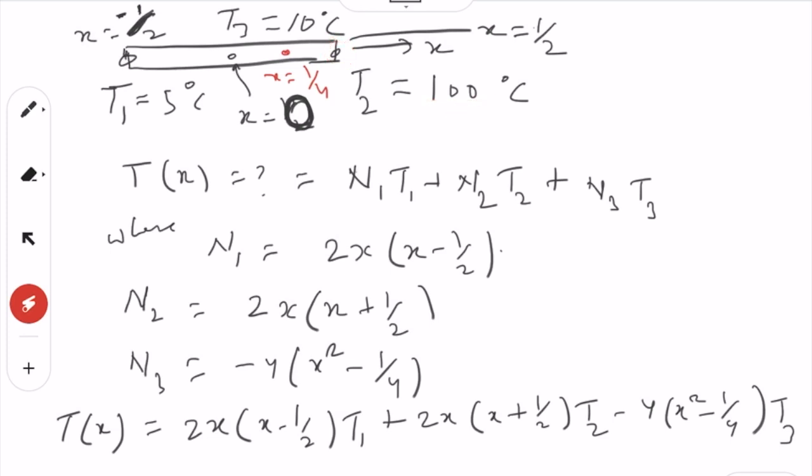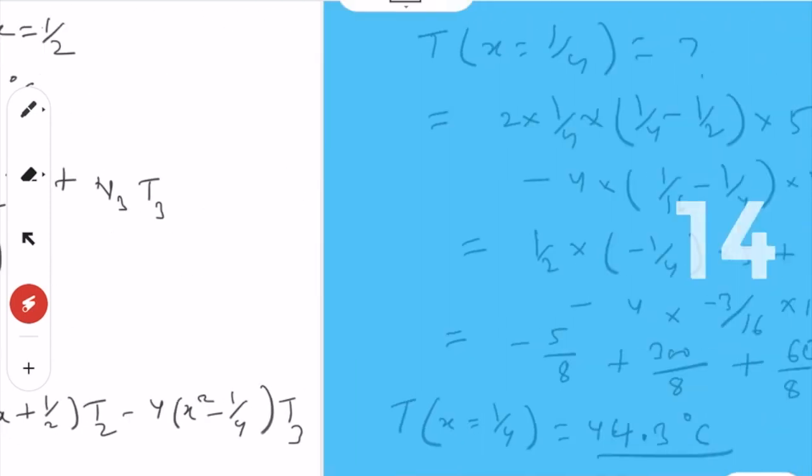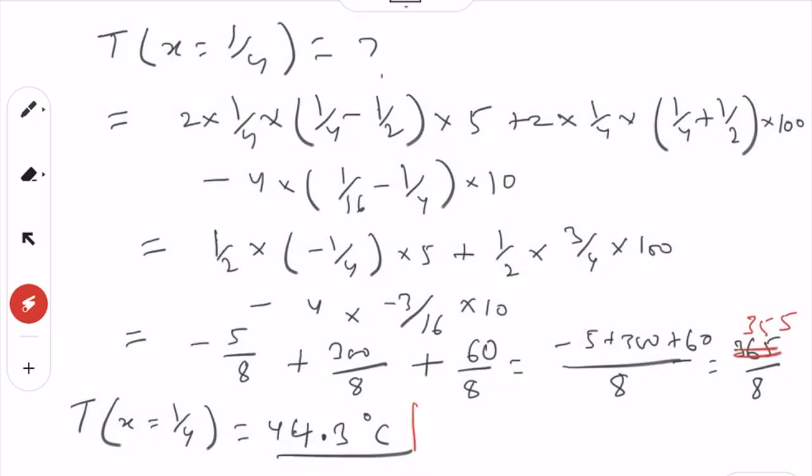Hence, the value has to be between 10 and 100, and we get around 44. So this makes sense. This is how you have to do it, and how you have to be careful when interpolating. Okay, that is all for this video.